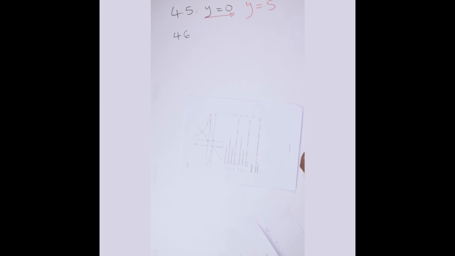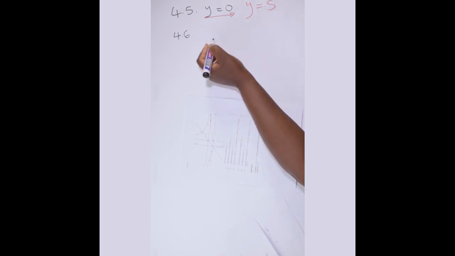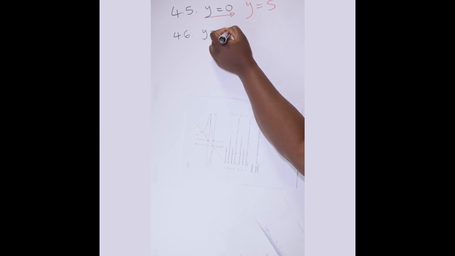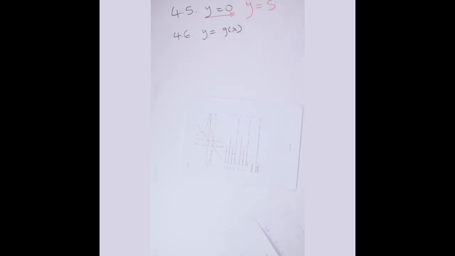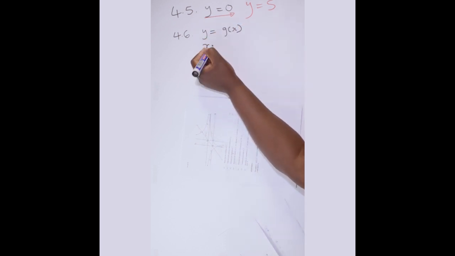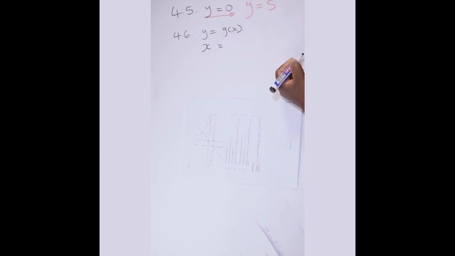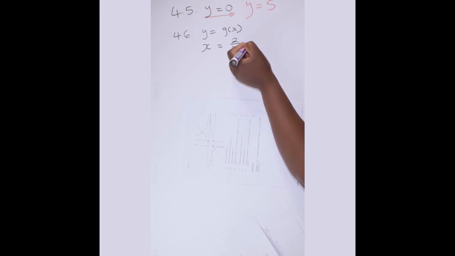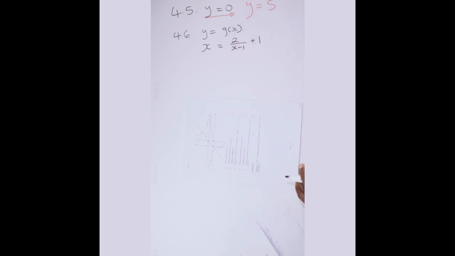So the intersection means the two are equal. In other words, your y there will be equal to g of x. Remember, y equals x, and g of x is 2 divided by x minus 1, plus 1. And then we do the algebra to get to the solution.